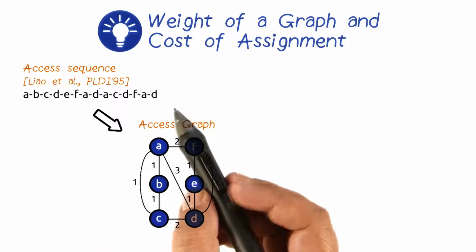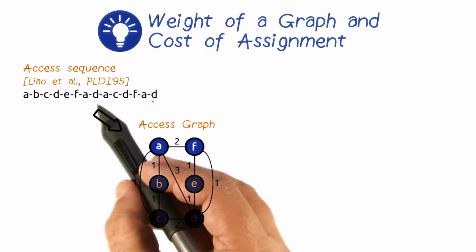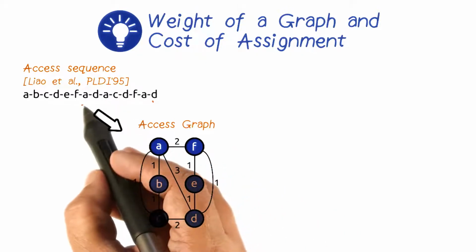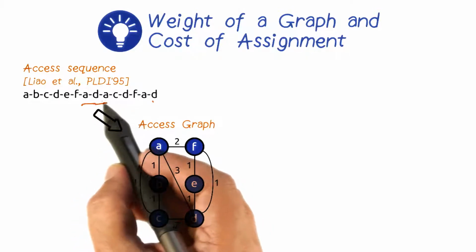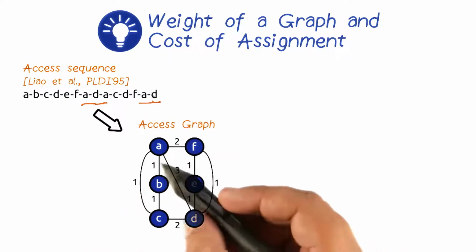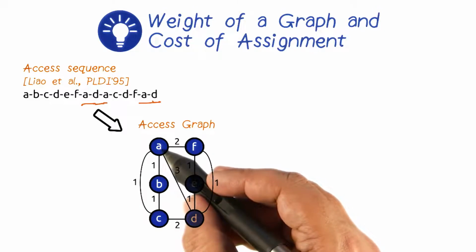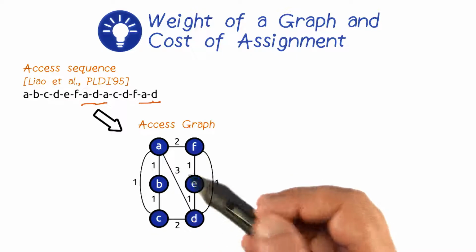We have one transition from A to D here, another transition from A to D here, and a third transition which is from D to A. So the first is from A to D, the second is from D to A, and the third one is from A to D. That's why the total frequency of transitions between A and D is 3.